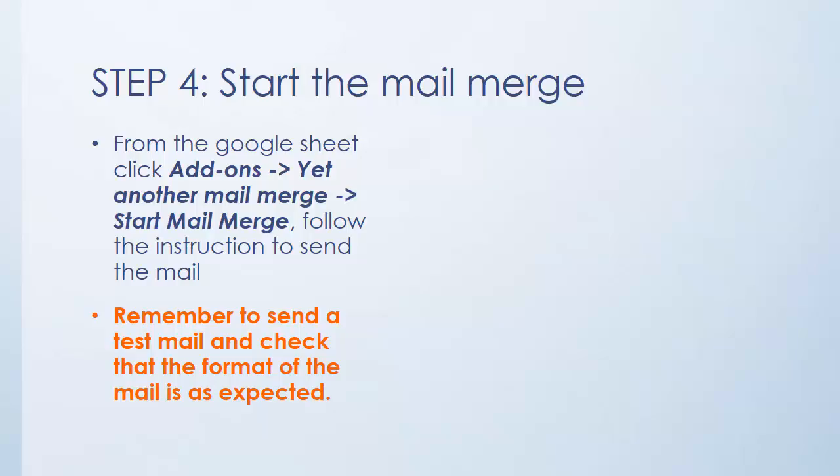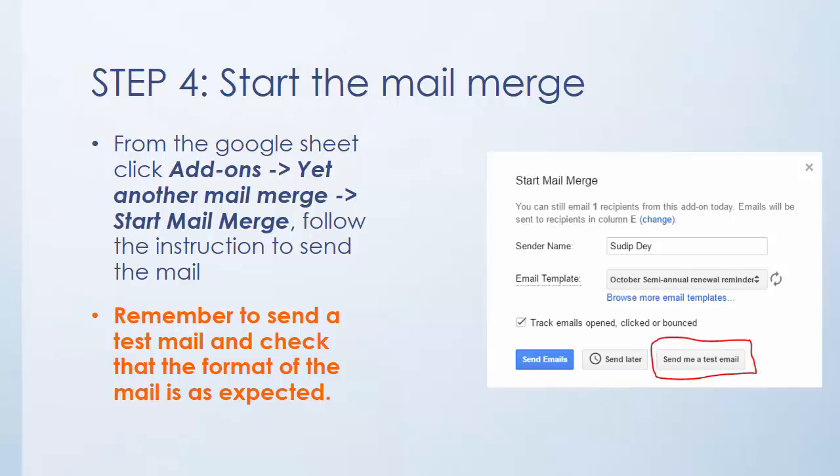The way to test it is, when the dialog box comes up, you send a test mail, as you see here, and this will just send an email to you, so you can check the format. Once you're happy with it, you can go ahead and send emails. You click the send emails button, and all the recipients in your Google Sheet will receive a personal email.